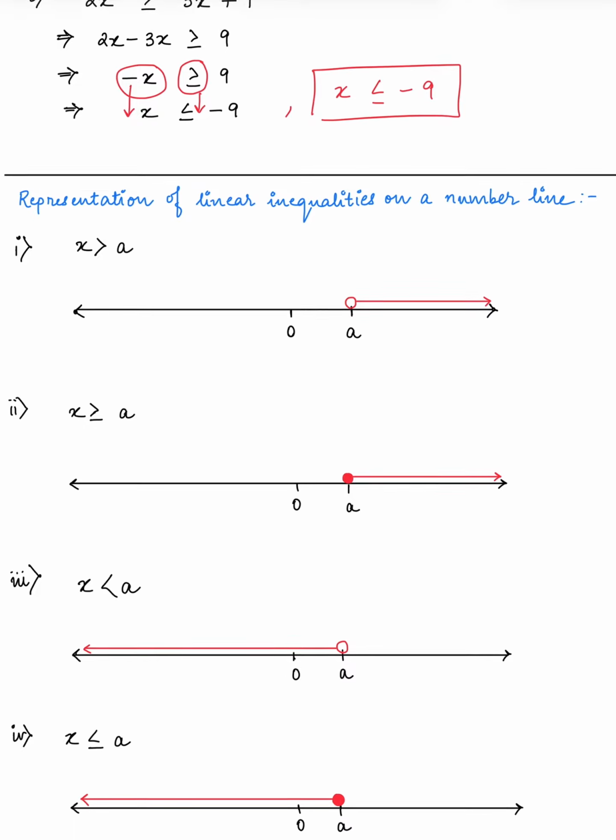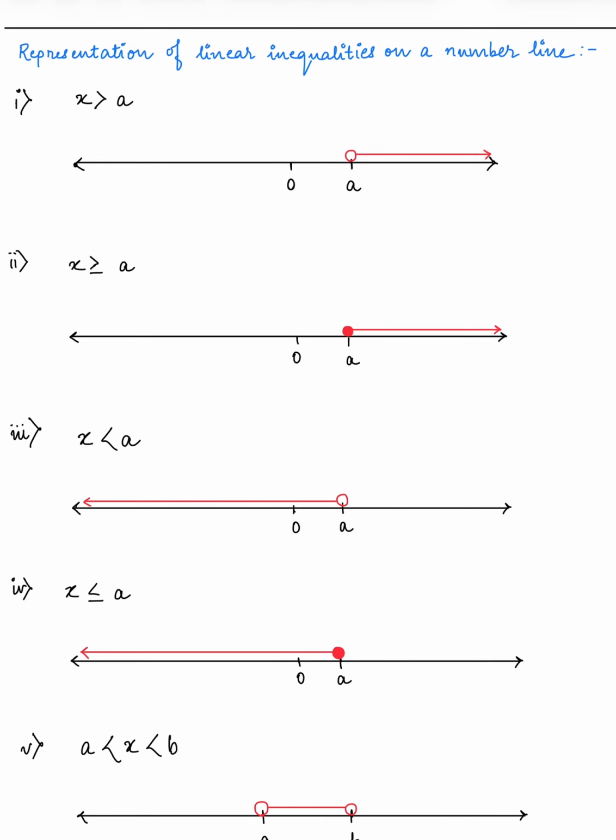Now we have to see how they are represented on a simple number line. If the basic inequality is x greater than a, what will be the solution on the number line? If this is a, x has to be anything greater than a. So all the points greater than a are marked over here.